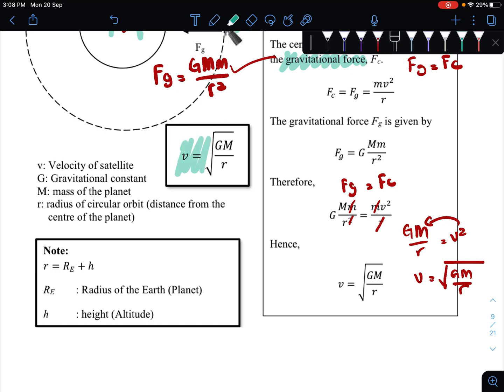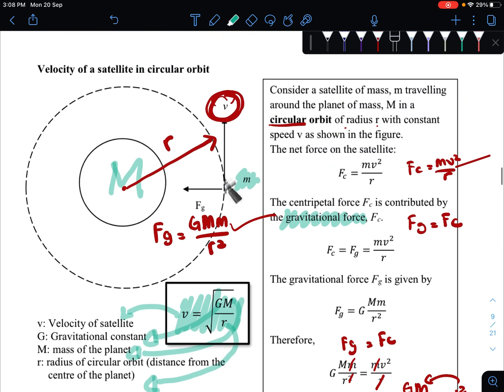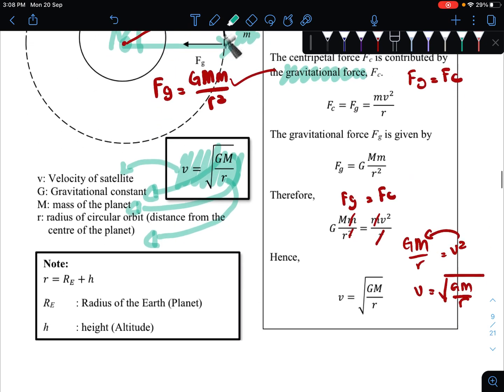Okay, so basically this is the equation for your satellite's velocity. V is the velocity of the satellite, G is the gravitational constant, M is the mass of the planet, could be any planet, could be Earth too, depending on the question. And R here is the radius of the circular orbit, or we say from the center of the planet to the position of the satellite.